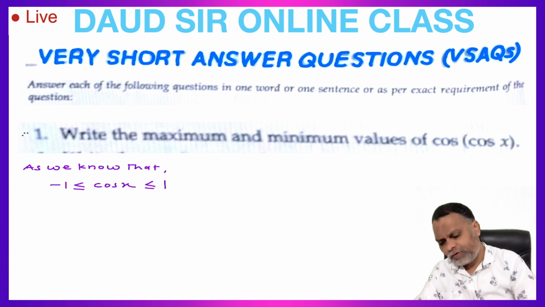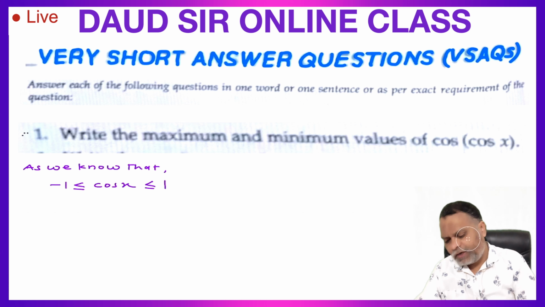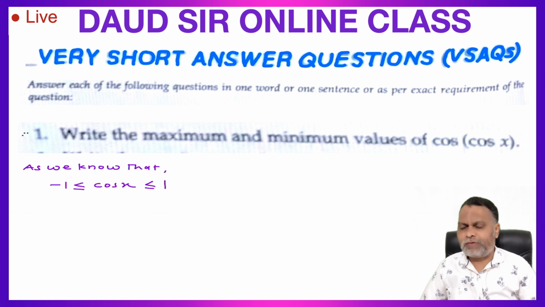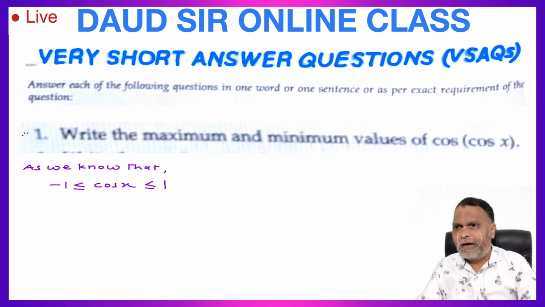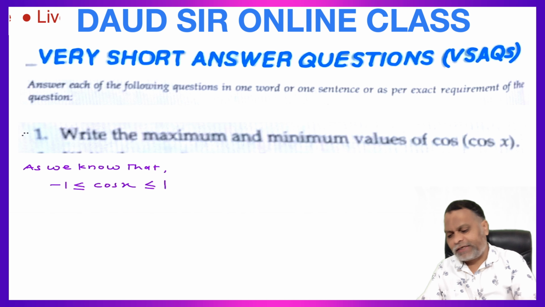The maximum value of cos x is 1 and the minimum value of cos x is -1. So by using this, we can calculate the maximum and minimum value of this cos x.